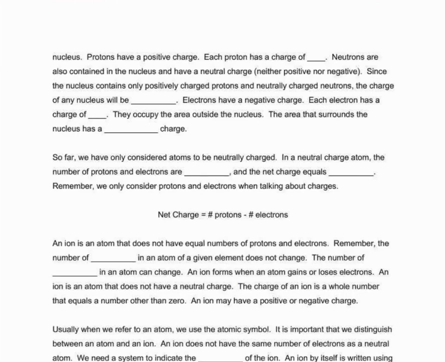Each proton has a charge of +1. Neutrons, they're also in the nucleus. They have a neutral charge, which means they're neither positive nor negative. They don't really do much. So the nucleus only has positively charged protons and neutrally charged neutrons, so the combined charge of any nucleus has to be positive.